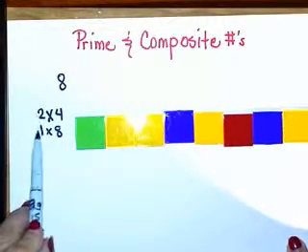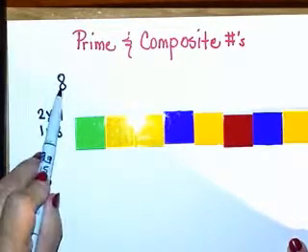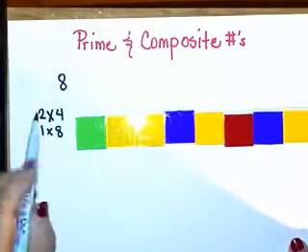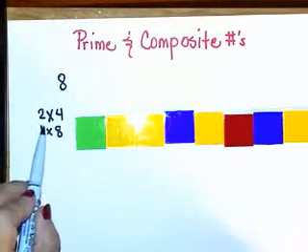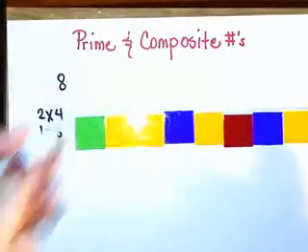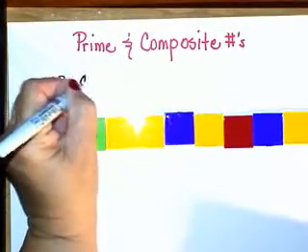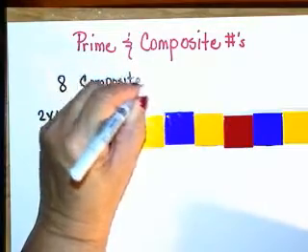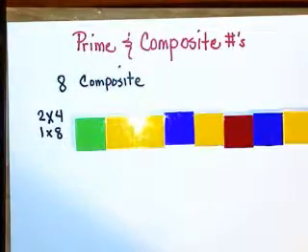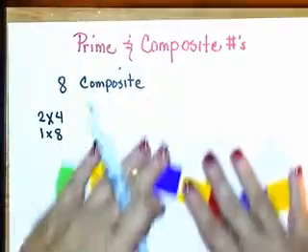So we can make these two area models with a total of 8 tiles. So if I have more than one rectangle, then the number is composite. So the number 8 is composite because there are two different ways to make the rectangle.